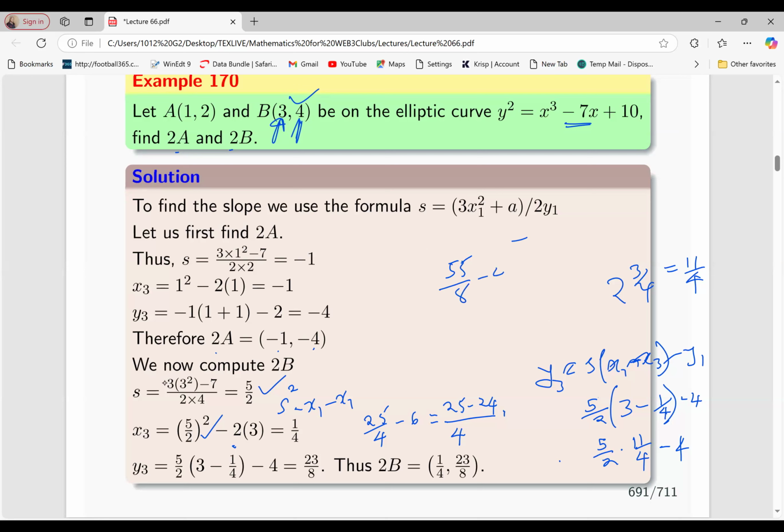Then you subtract 4 out of 1. The LCM is 8. This is the same as 55 minus 32, which comes to 23 out of 8.